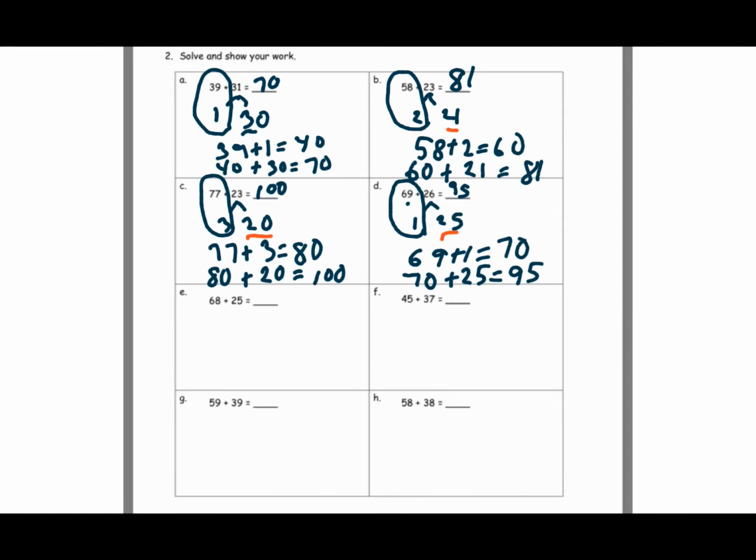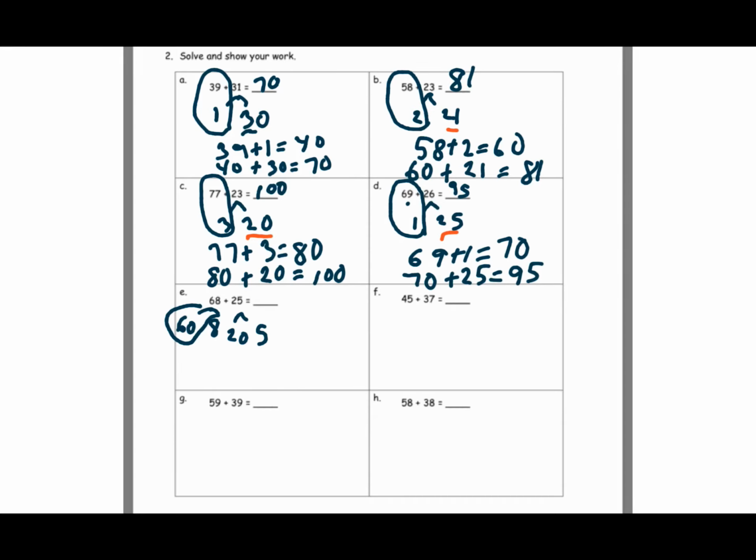And for letter E, boys and girls, 68 plus 25. So for that, you know what I'm going to do? I think I'm going to do it a little differently. I'm going to add tens. So I'm going to break this up into 60 plus 8 and 20 plus 5. So remember, boys and girls, that the 10s go with the 10s and the 1s go with the 1s.